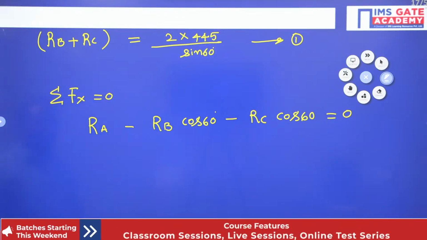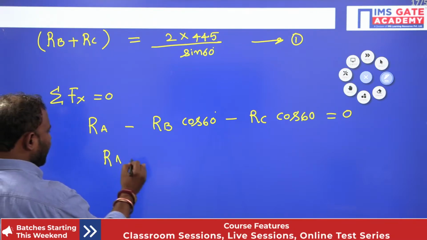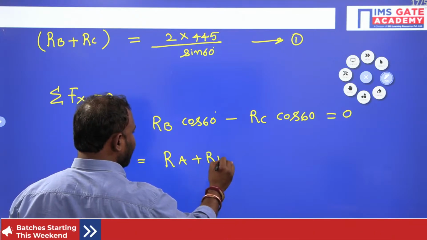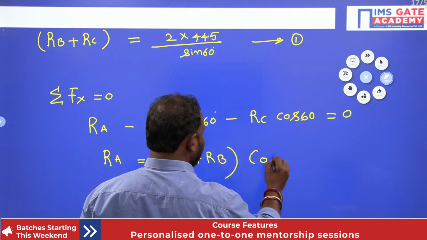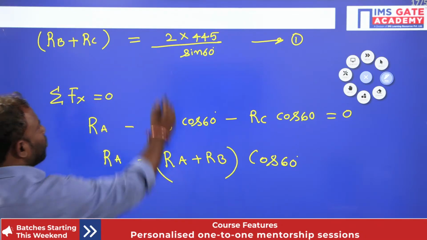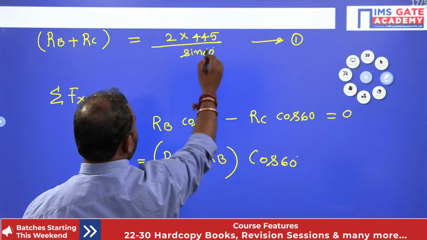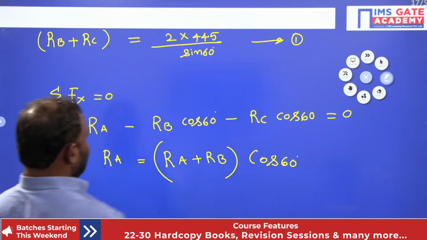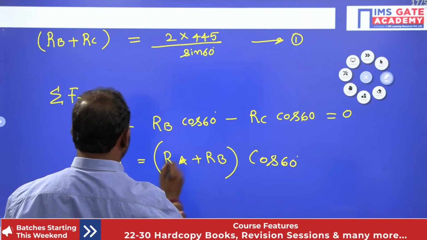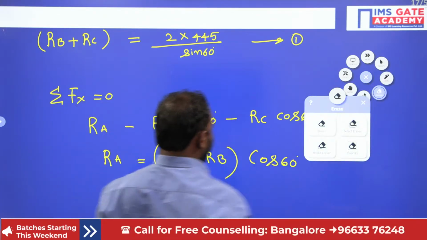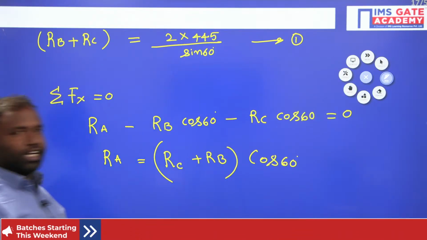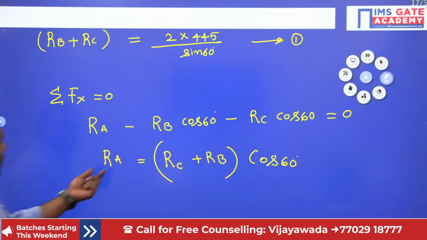Right. From here I can write my RA is equal to RB plus RC, multiplied by cos 60. Now here if we solve this, you are going to get RB plus RC. Right. Now here, RA equal to this much.